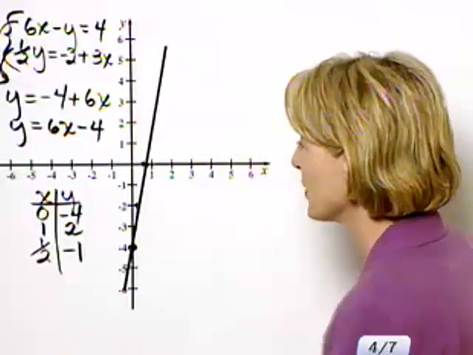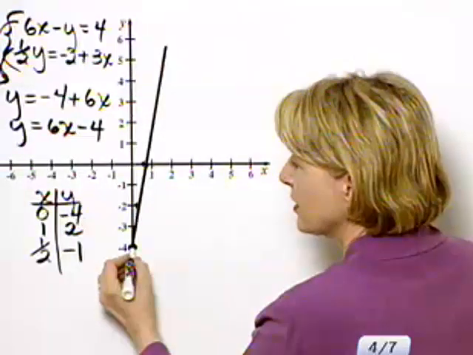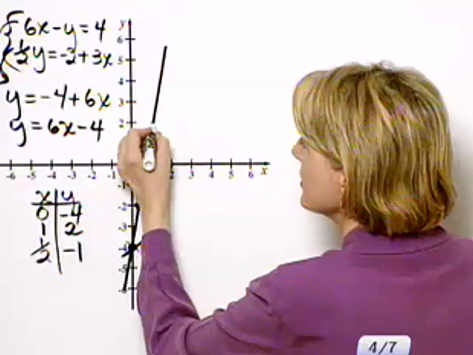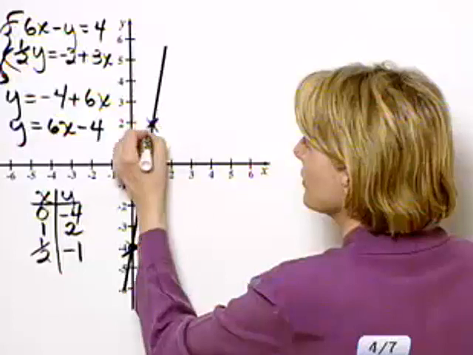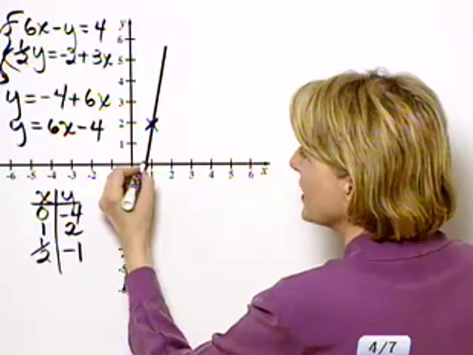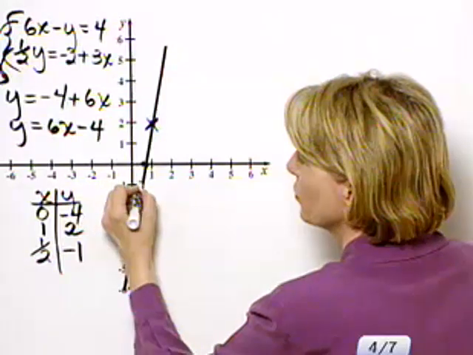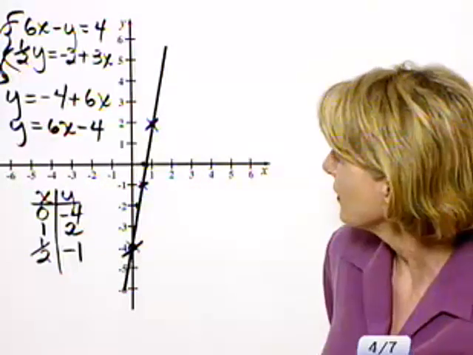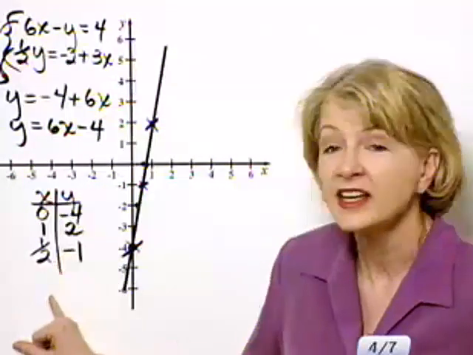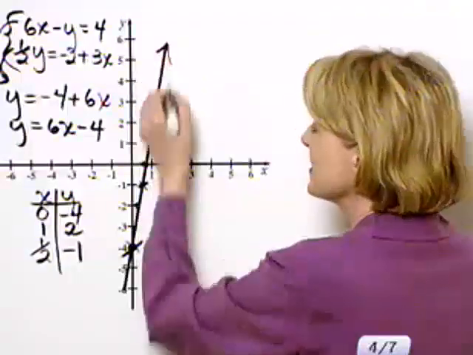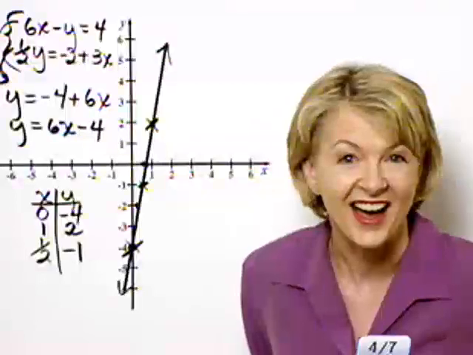Let's now graph. 0, negative 4 right here, 1, 2 right there, and 1/2, negative 1 right there. Can you see that these 3 ordered pair solutions lie on the exact same line?